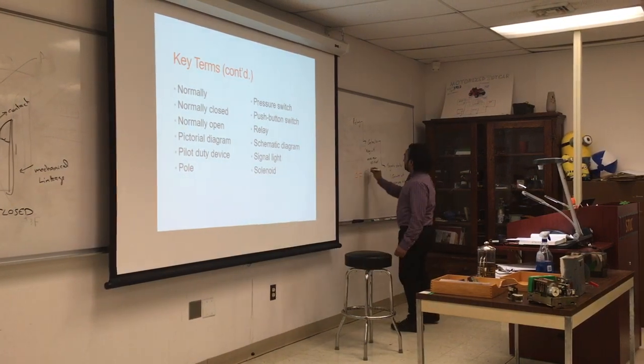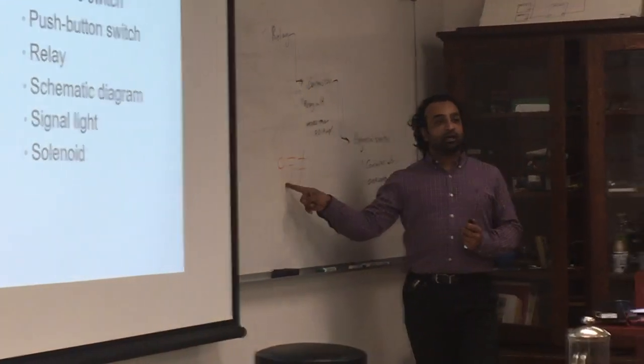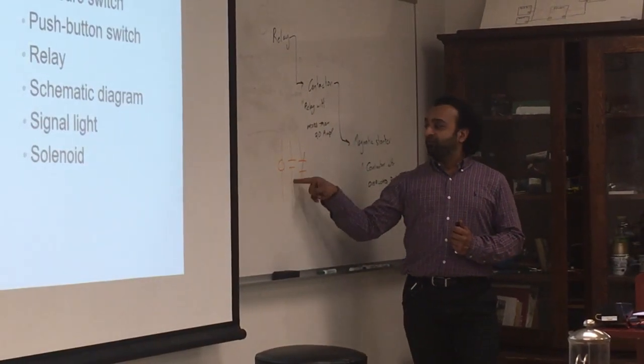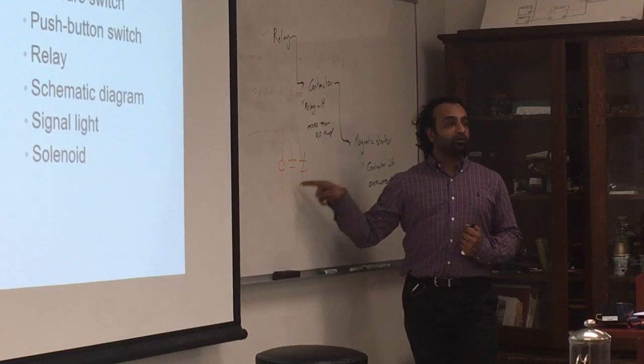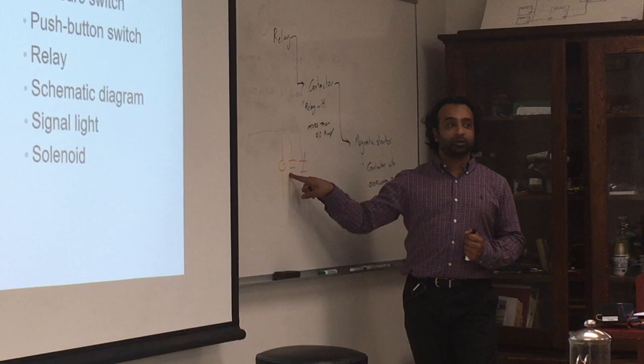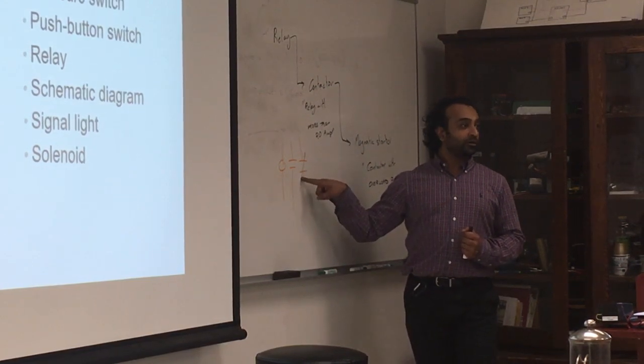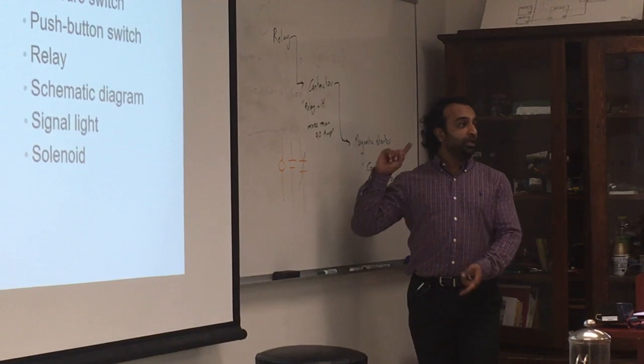So, if this is a coil pulling two relays, one of them normally open and one normally closed, when this is energized, what will happen to this one? And this one? Open. So that's double pole, two lines of action.